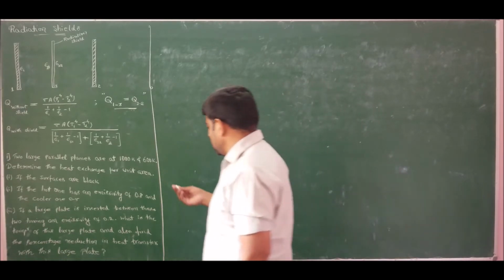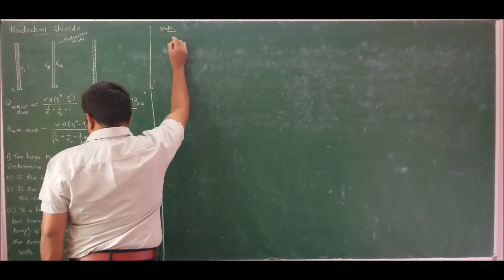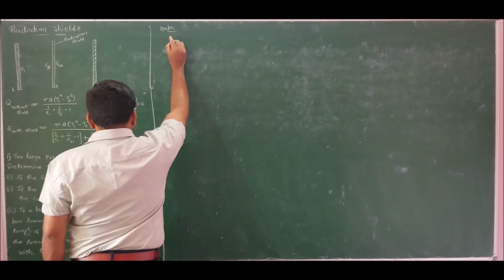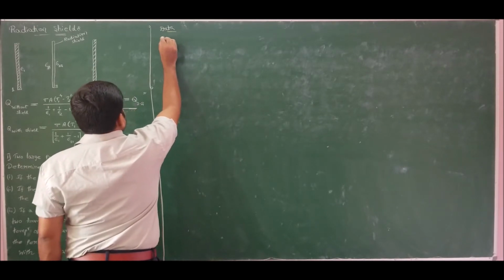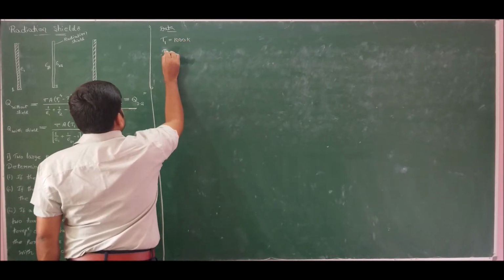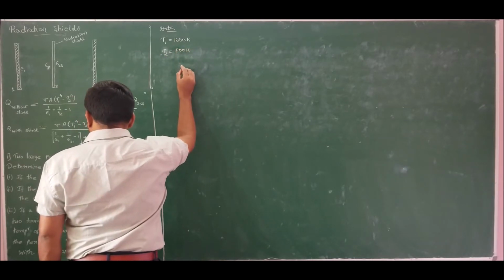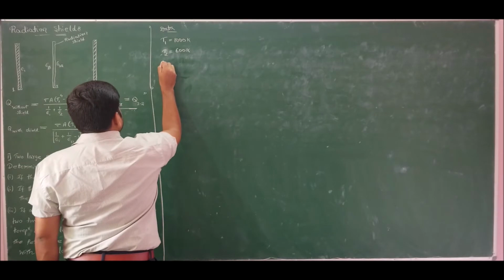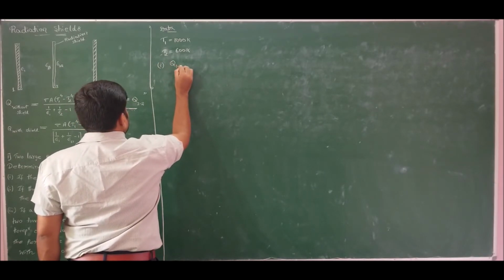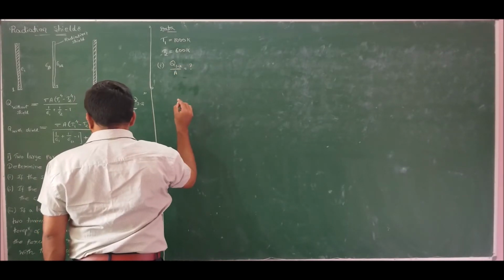If I list out the data given for the problem, there are two large planes at 1000 Kelvin and 600 Kelvin. Let us take T1 is equal to 1000 Kelvin and T2 is equal to 600 Kelvin. The first part is asking to determine the heat exchange per unit area, that is Q1 to 2 per unit area is equal to question mark, if the surfaces are black.